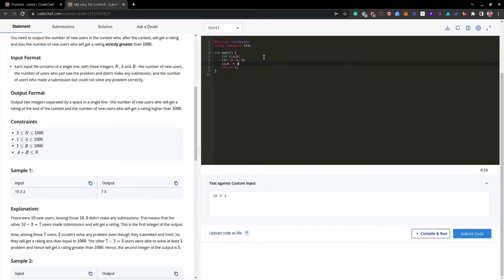Yeah, the first one is like that, then a space, then... wait a sec. I just can't write it like that because I have to store something for it.